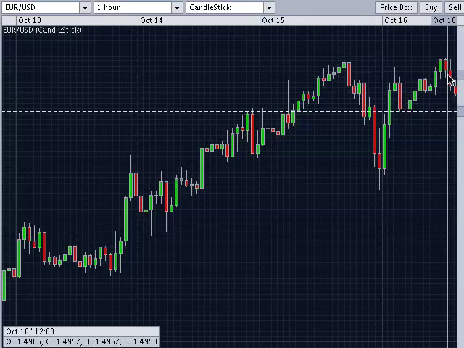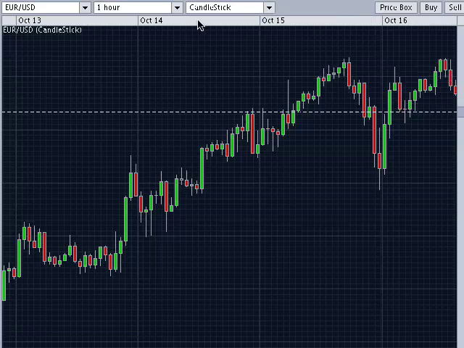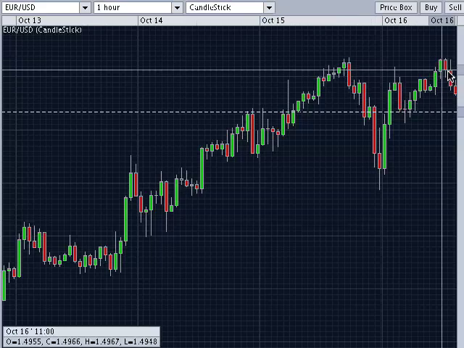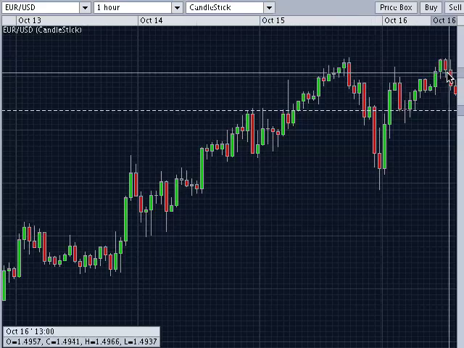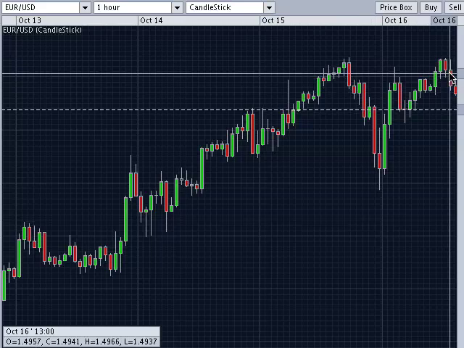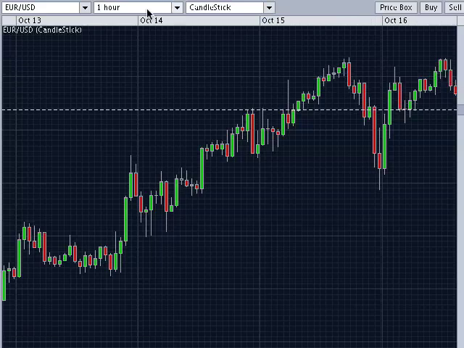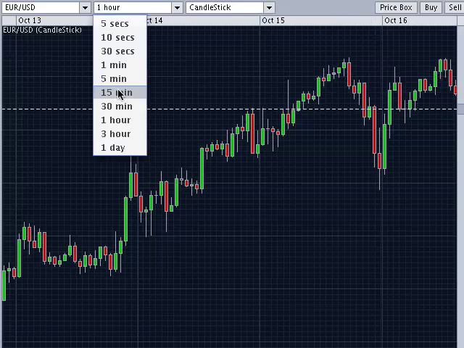At this point, we will zoom down to a smaller time frame. We're on a 1 hour time frame at the moment, and at this point where it's just starting to bounce off from the double top, it's about 1 o'clock in the afternoon. So we'll go down to a 15-minute chart.